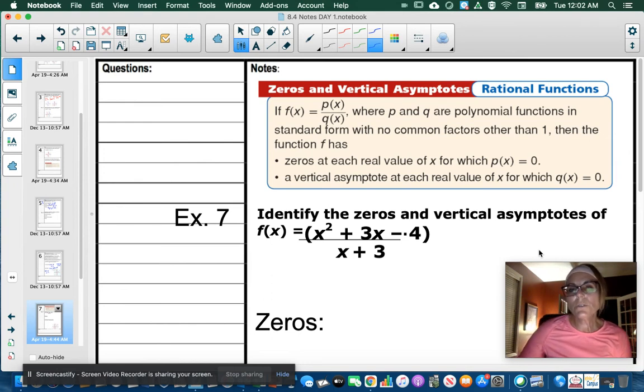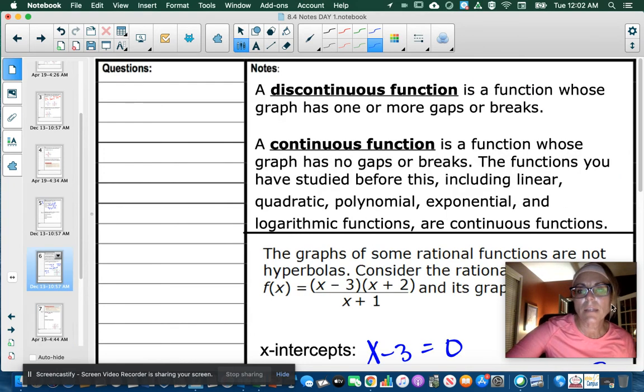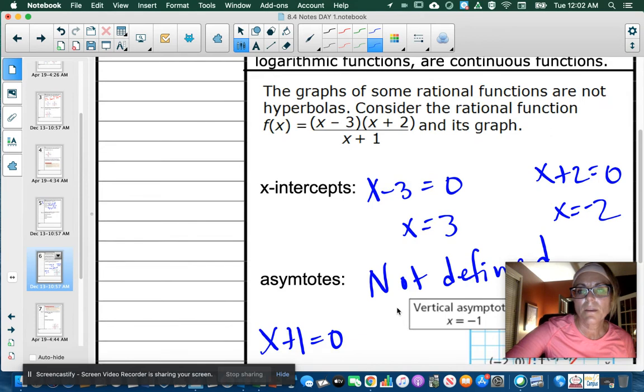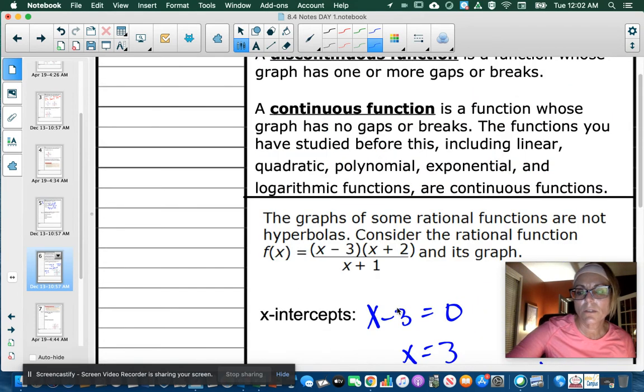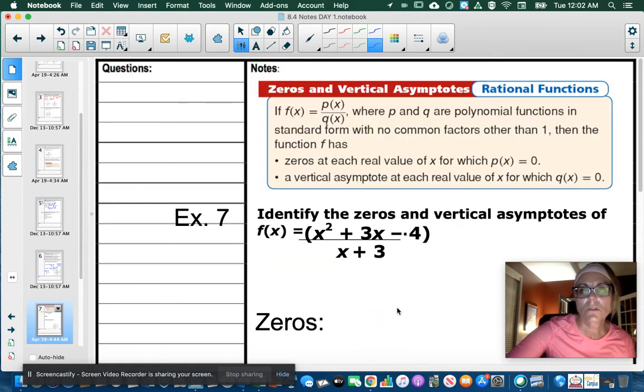So, zeros and vertical asymptotes. We talked about that. If f of x equals p of x over q of x, where p and q are polynomial functions in standard form with no common factors other than 1, then the function f has zeros at each real value of x for which p of x equals 0.